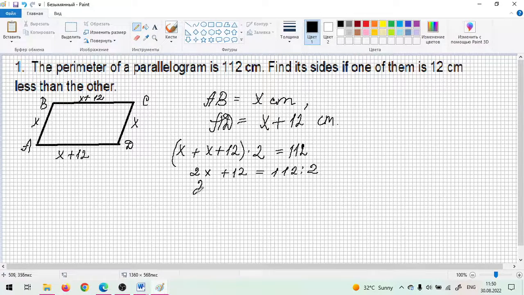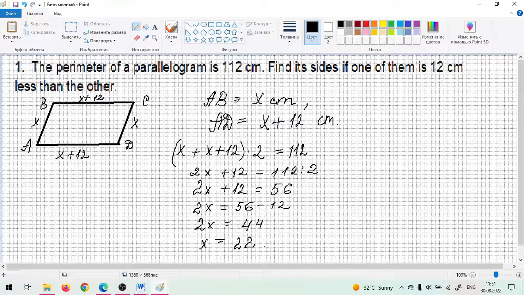So 2x plus 12 is 56. 2x is 56 minus 12. 2x is 44. x is 22.